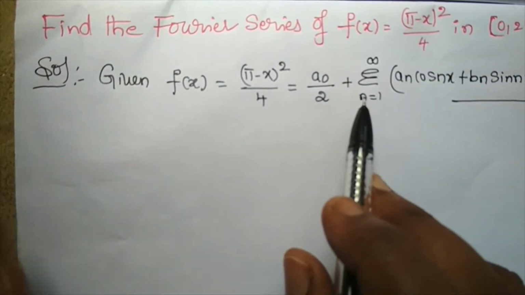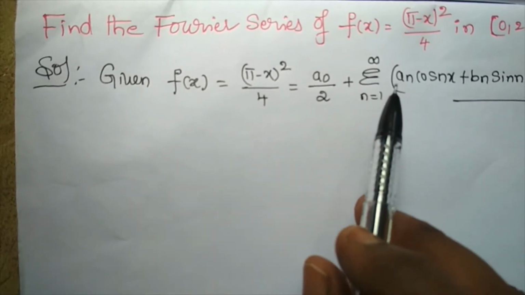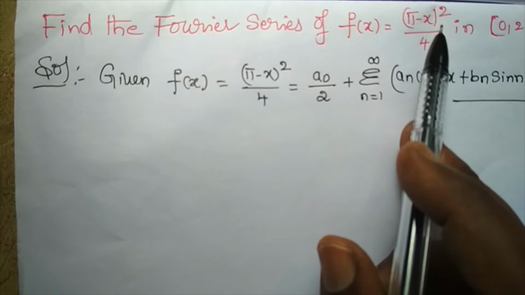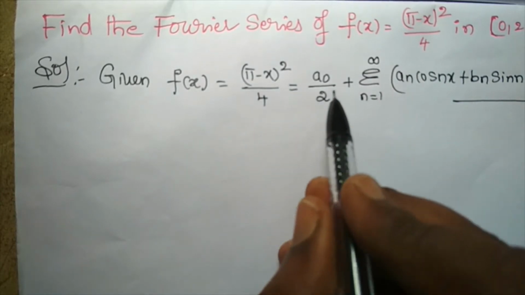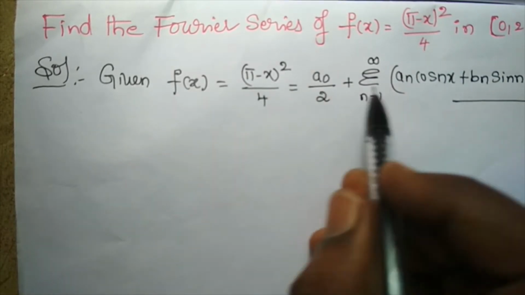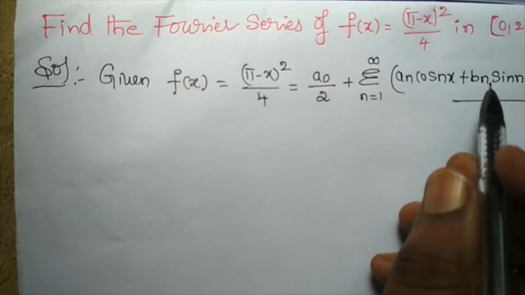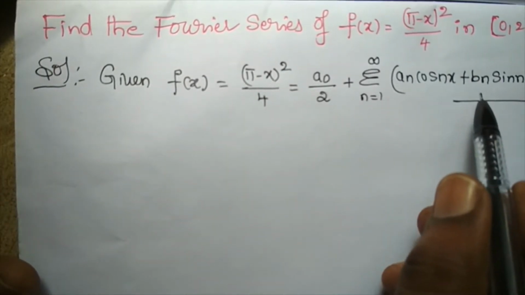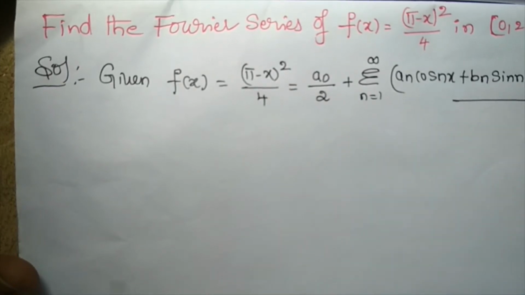So here the unknown values are a0, an, bn. Now we are going to find a0, an, bn values. Then finally we can substitute a0, an, bn values in equation number 1. That is the final answer.